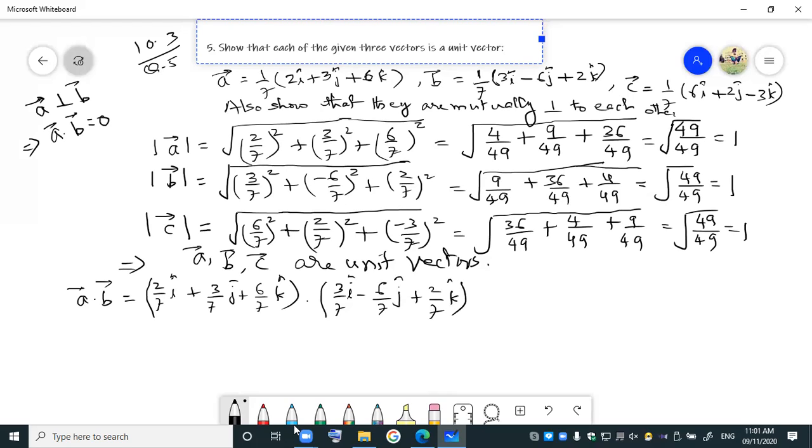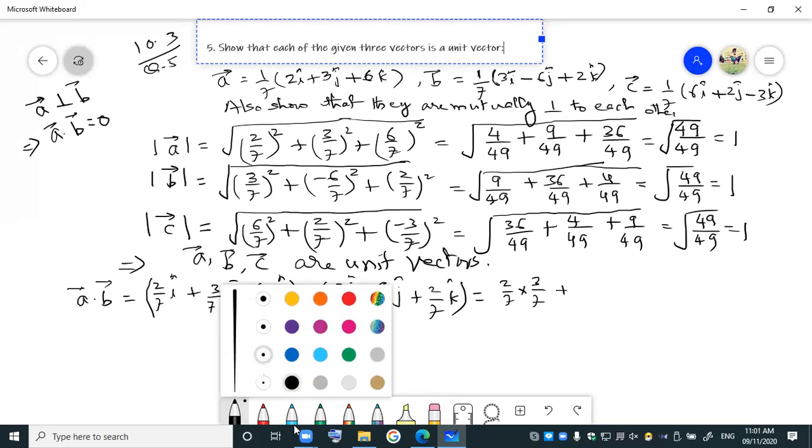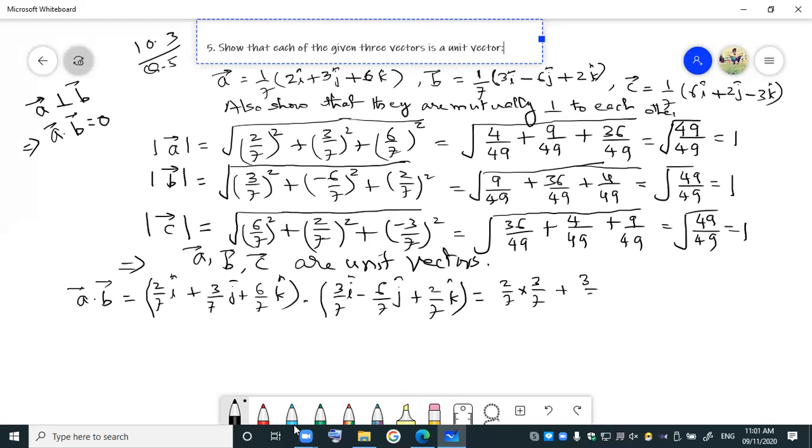When we multiply vectors resolved in their components with the dot product, only the coefficients are multiplied: 2 by 7 into 3 by 7, plus 3 by 7 into minus 6 by 7, plus 6 by 7 into 2 by 7.